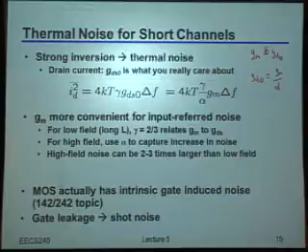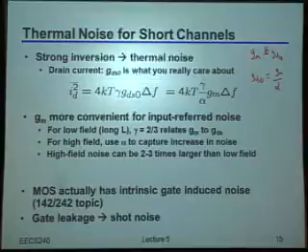Now, the bad news is that this alpha factor is not very well defined from a physical standpoint. It's really hard to say exactly what that alpha factor should actually be. And so you can see some pretty wide variations in what that number turns out to be, even in the same device, just in different operating regions. But typically speaking, if you looked at 1 over alpha, that number is about 2 to 3.